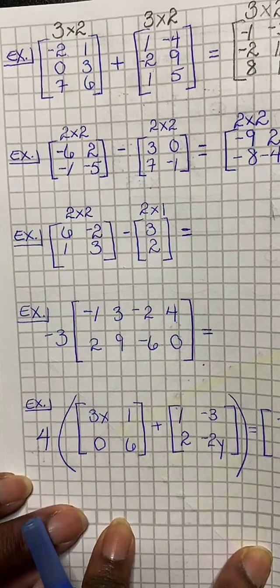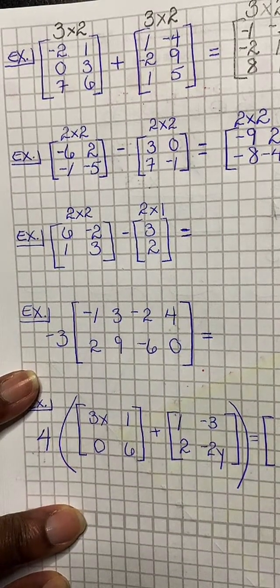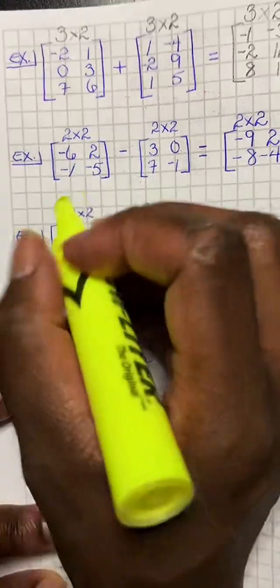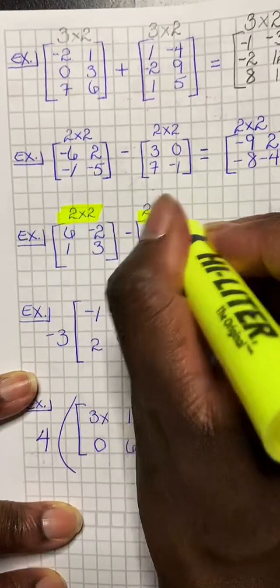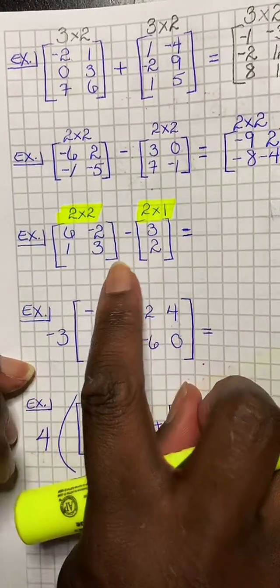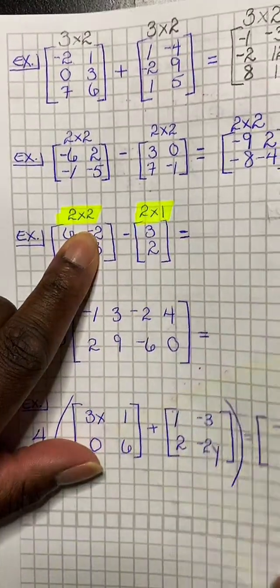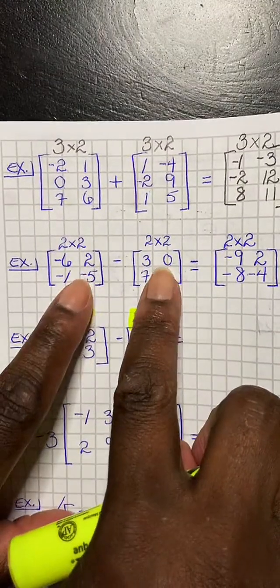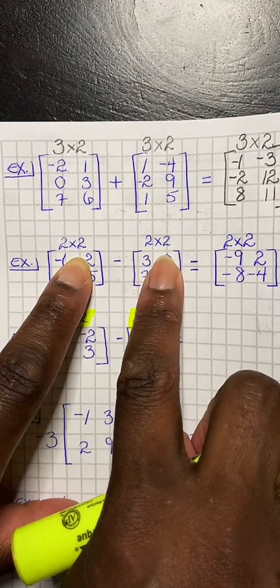Okay. So, the reason why. Take a look at the dimensions. This is a 2 by 2. This is a 2 by 1. When you're adding or subtracting, your dimensions have to be the same. Look at the previous problem that we had. We had a 2 by 2 minus a 2 by 2.